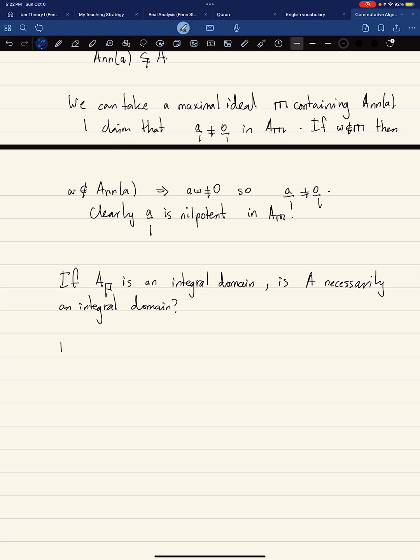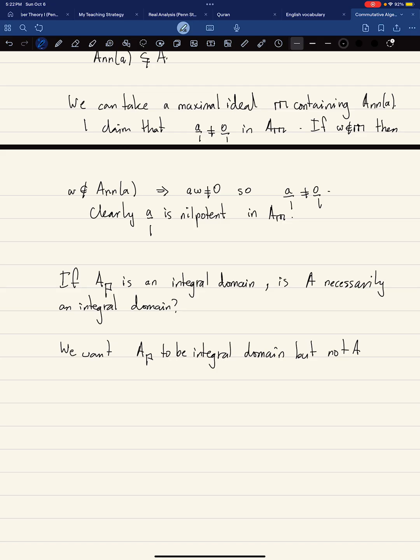So we want AP to be an integral domain, but not A.